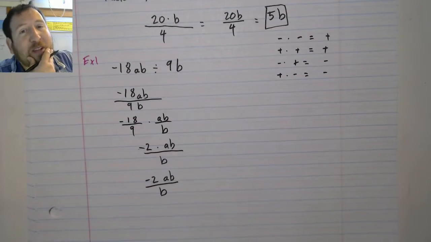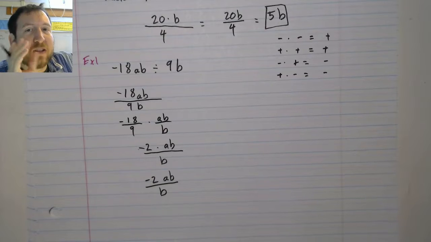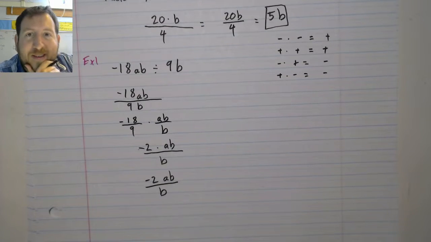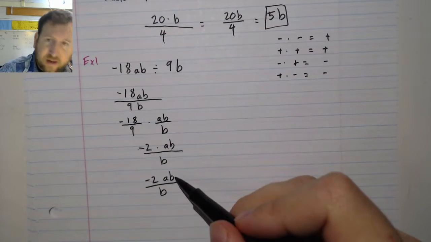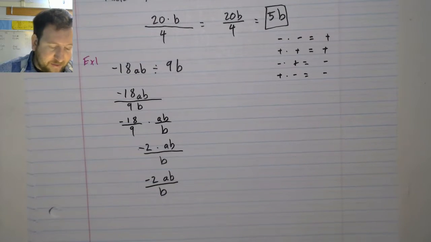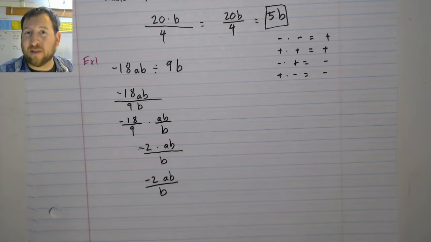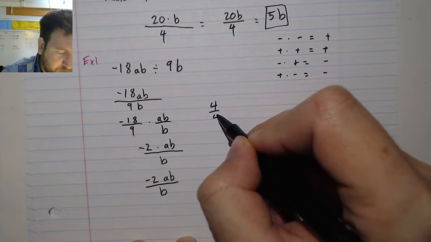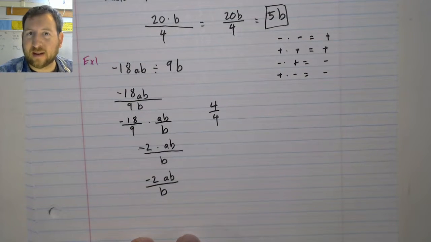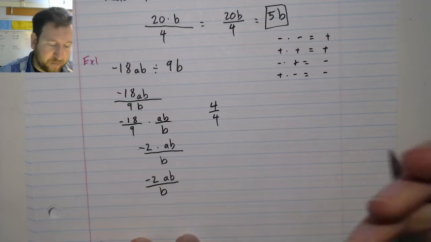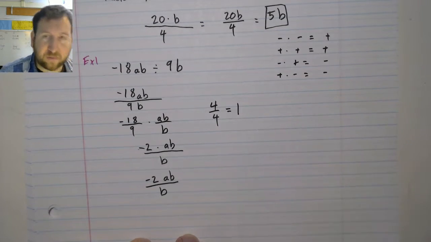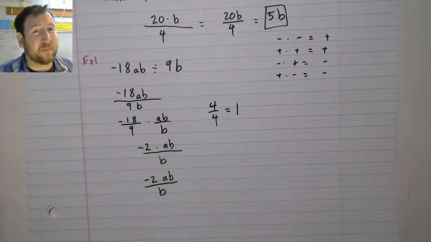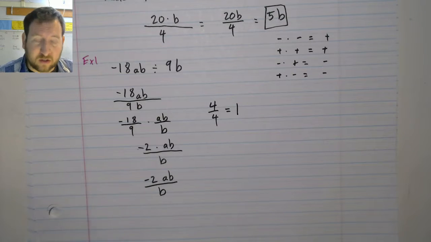Now, this may look simplified, but there's another interesting thing that I can do. Notice that there is a B on the top and a B on the bottom. And if I have a number that has itself on the top and the bottom, for example, 4 over 4, the same on the top and the bottom, I can simplify that into a 1, because any number divided by itself turns into a 1.